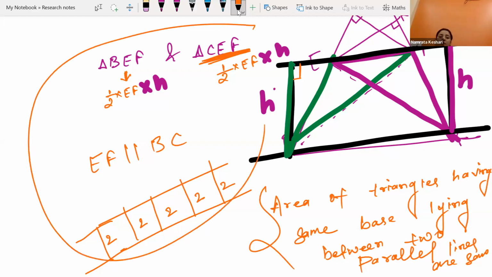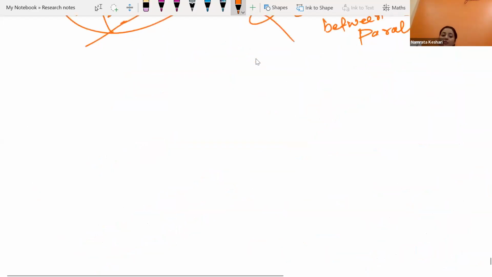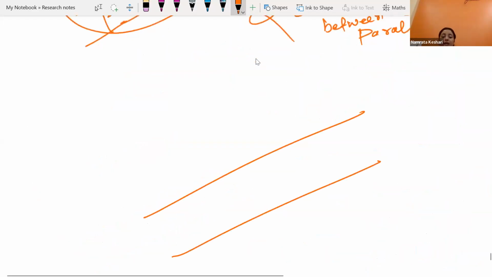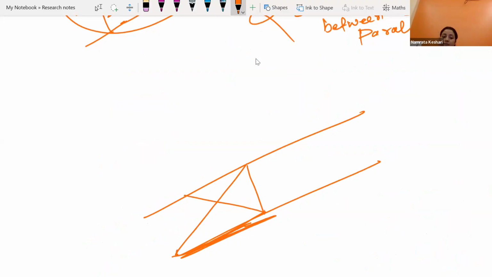And what was this all? This was just the explanation that अगर हमारे पास दो parallel line है, if we are having two parallel lines, and if on the same base we are drawing two triangles, maybe one triangle like this, and on the same base maybe another triangle looks like this.